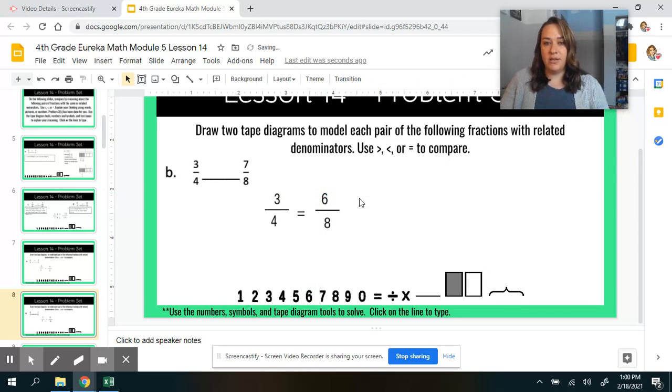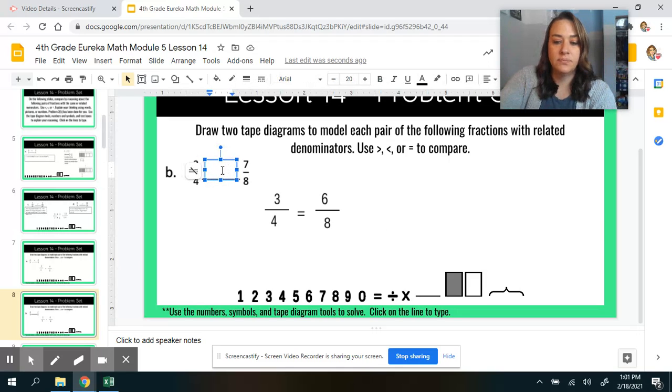So now we can compare that a little bit easier. So 3/4 I know is equal to 6/8. So 6/8 and 7/8. 7 is larger than 6. So 7/8 would be greater than 3/4. So 3/4 is less than 7/8 because 3/4 is equivalent to 6/8.